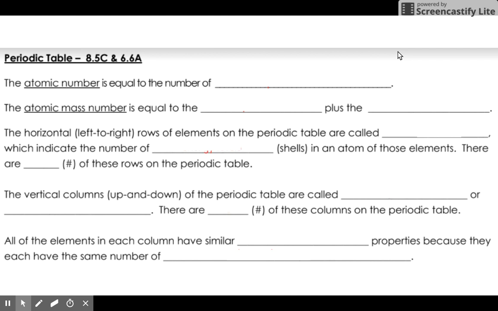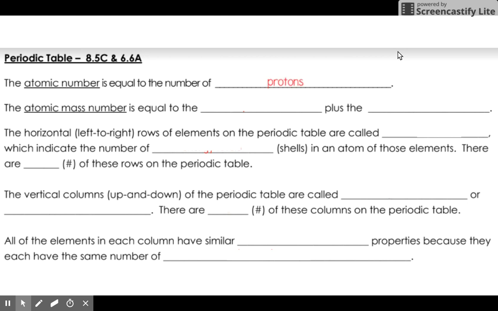All right, now that you have worked these answers out with your group, we're going to check to see if you got them correct. So let's go to the first one. The atomic number is always equal to the number of protons.